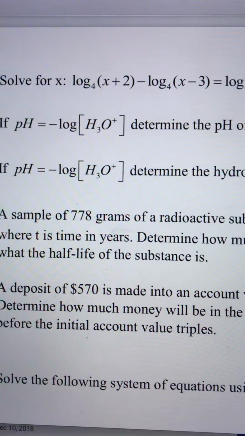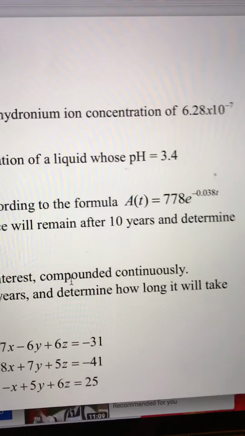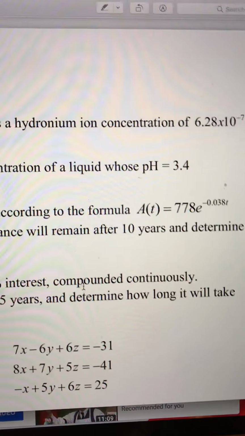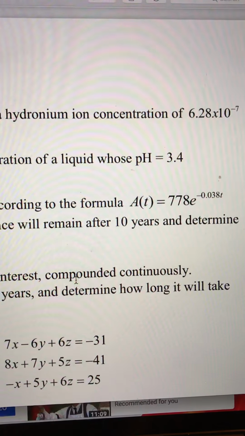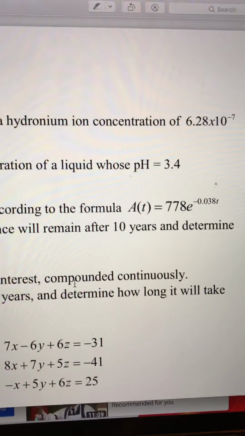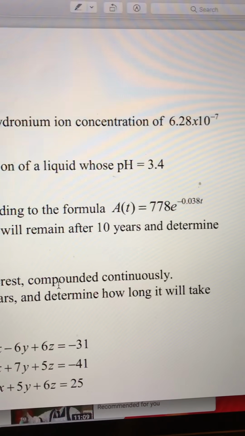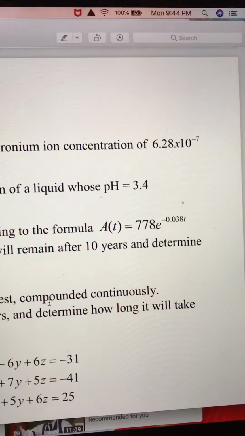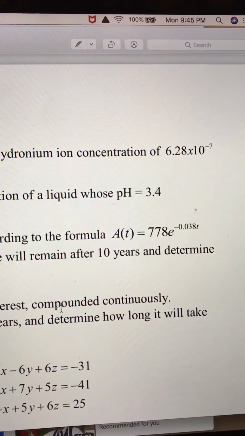All right, number 64. A sample of 778 grams of a radioactive substance decays according to the formula A of T equals 778 e to the negative 0.038 T. All right, so the coefficient there, that 778, is always the initial amount, because if you plugged in 0 for T, then you would get e to the 0, which is 1.